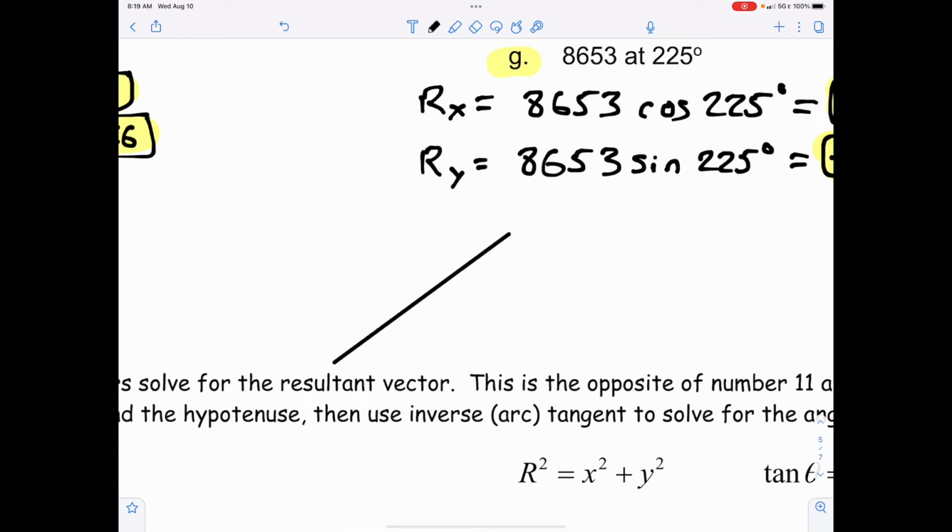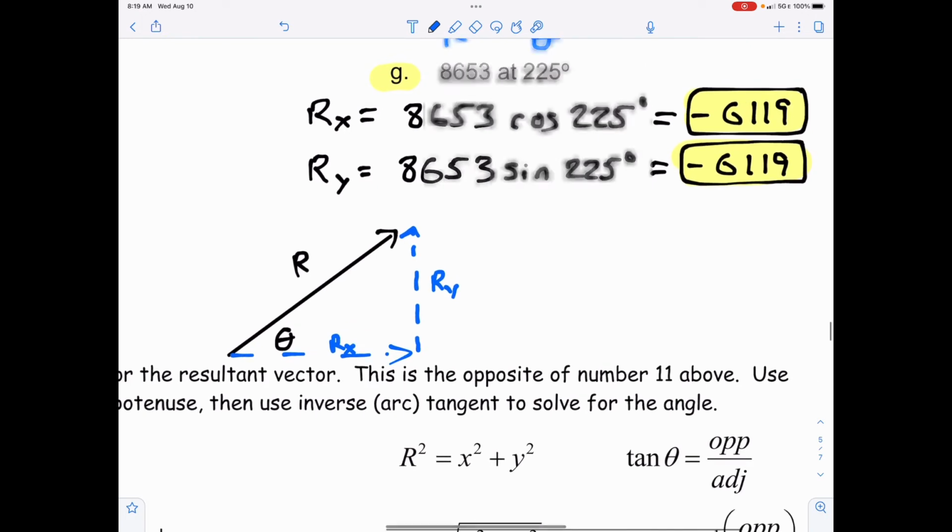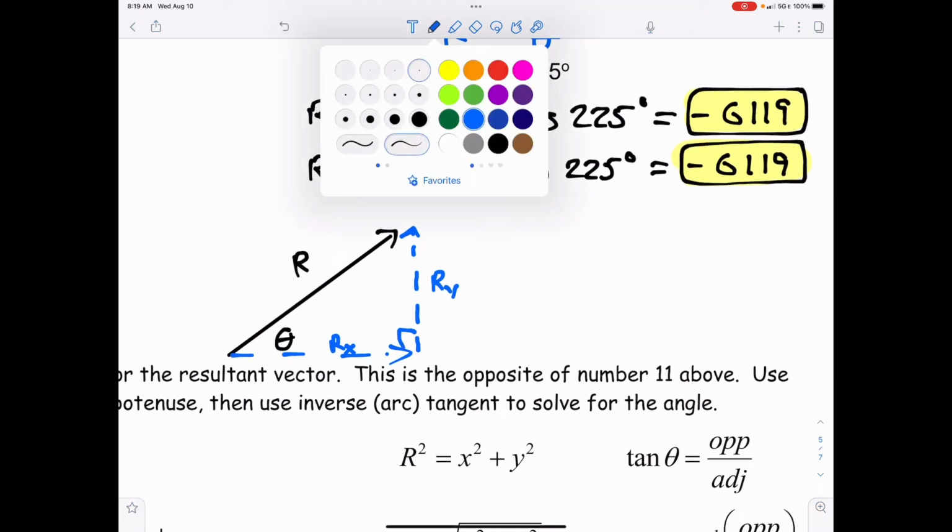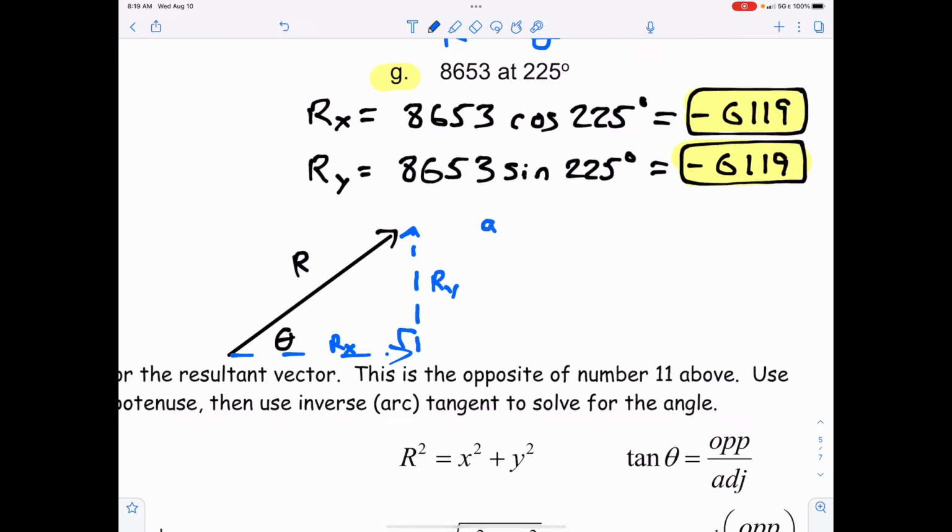If you have a vector r pointing at some angle theta like this, you know you have a component that's horizontal, we'll call that Rx, and another vertical component, we'll call that Ry. And since this is a right triangle, we can use the Pythagorean theorem: a squared plus b squared equals c squared.